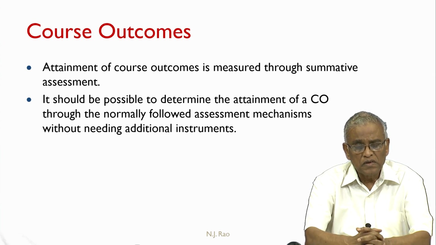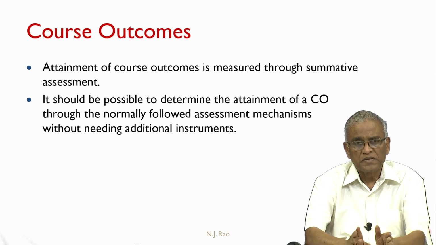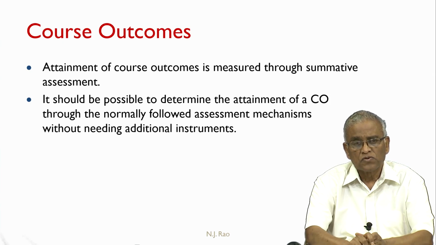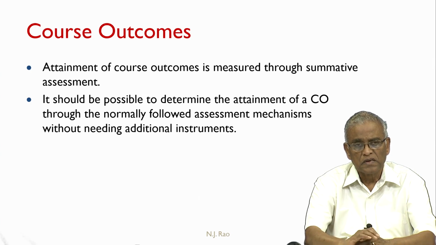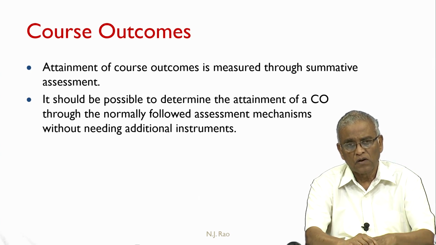So what we say is, it should be possible to determine the attainment of a CO through the normally followed assessment mechanisms without needing additional instruments. Whatever mechanisms are presently operative, through those mechanisms only we should be able to measure the outcomes of the course.